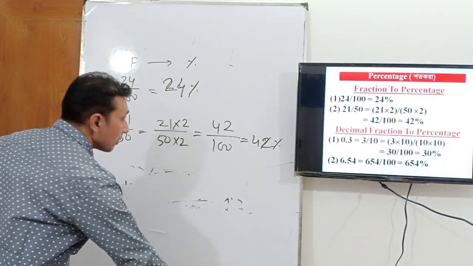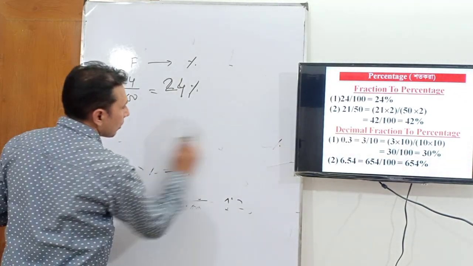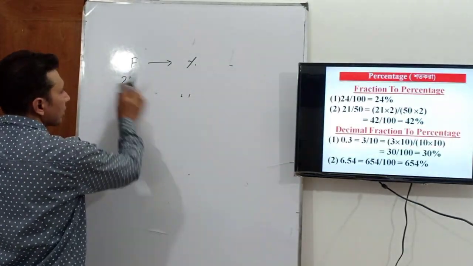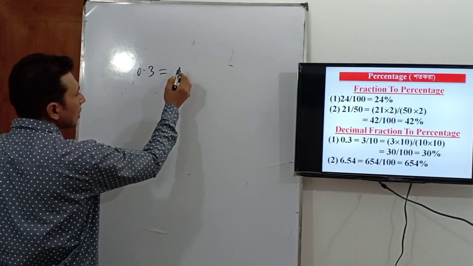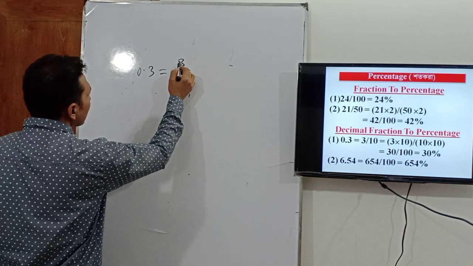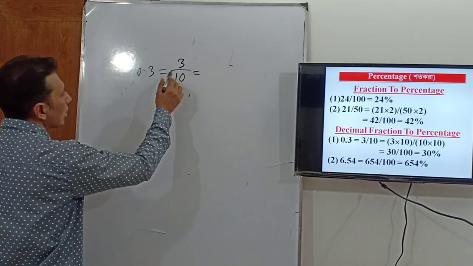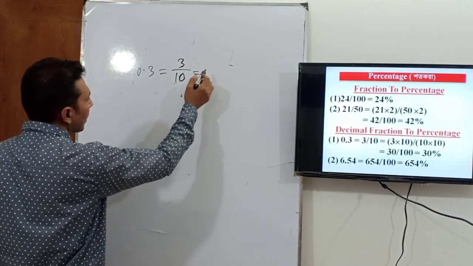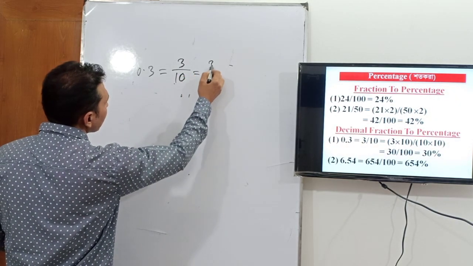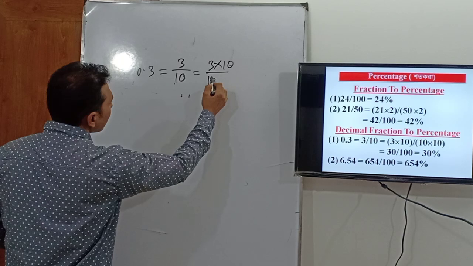Now decimal fraction to percentage. How will it be conducted? Decimal fraction 0.3 equals 3 by 10. To make the denominator 100 we multiply by 10, so 3 into 10 and 10 into 10.